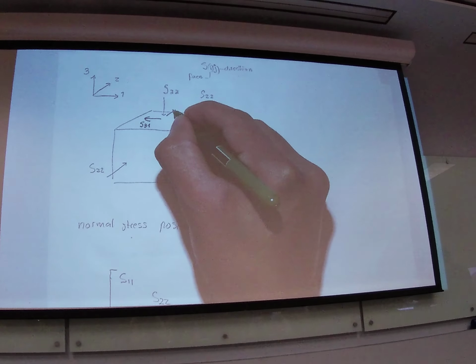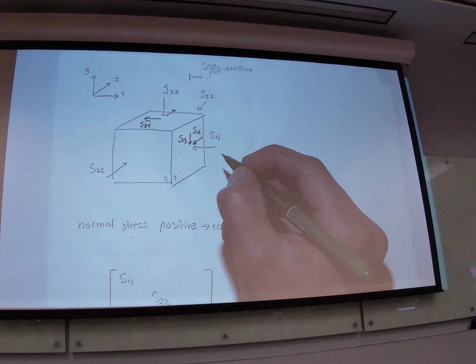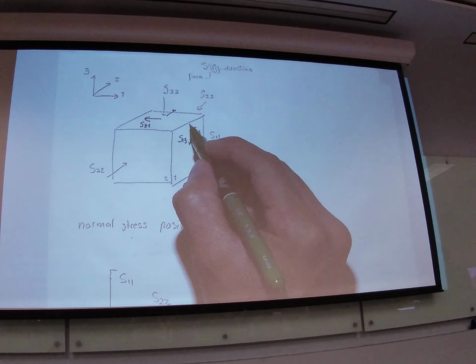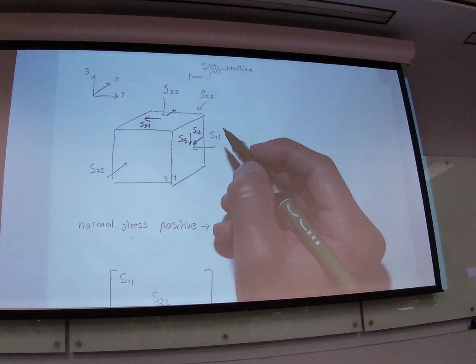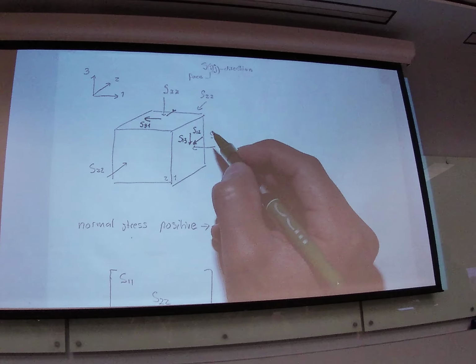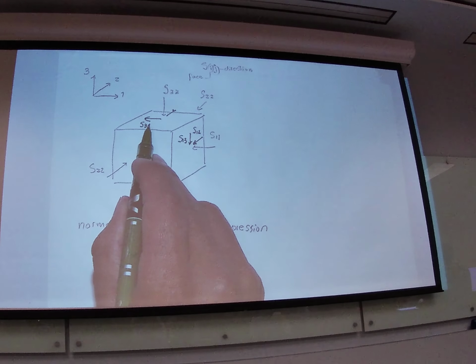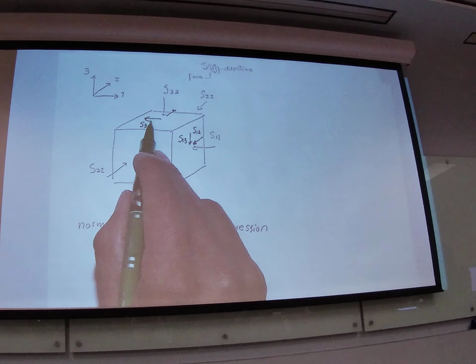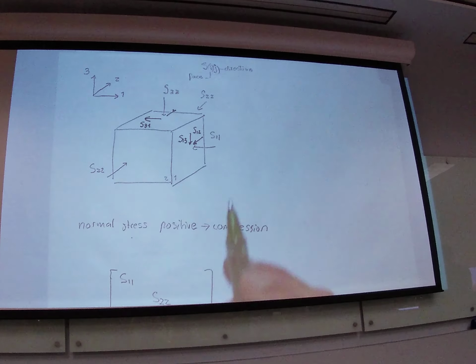Wait, before I draw the arrow, this one is going, well, now I messed up this one. You see why? Because it's on this face. If I walk in the, oh no, it's okay.